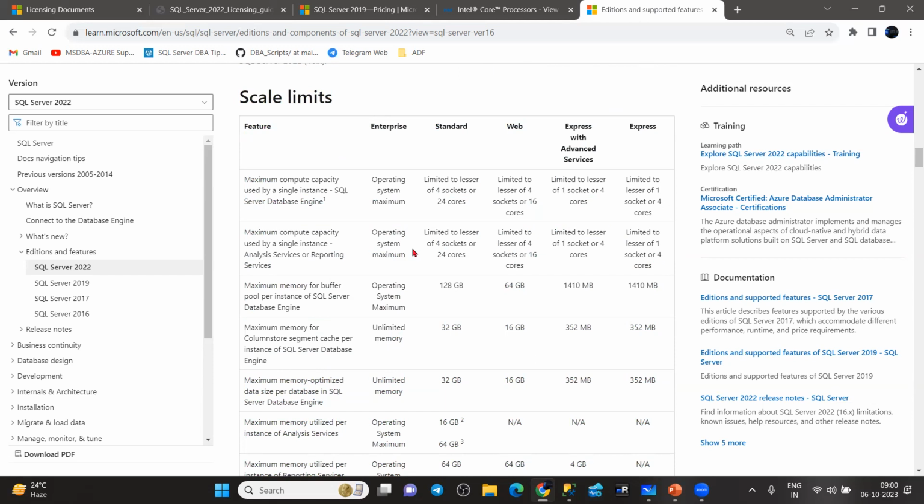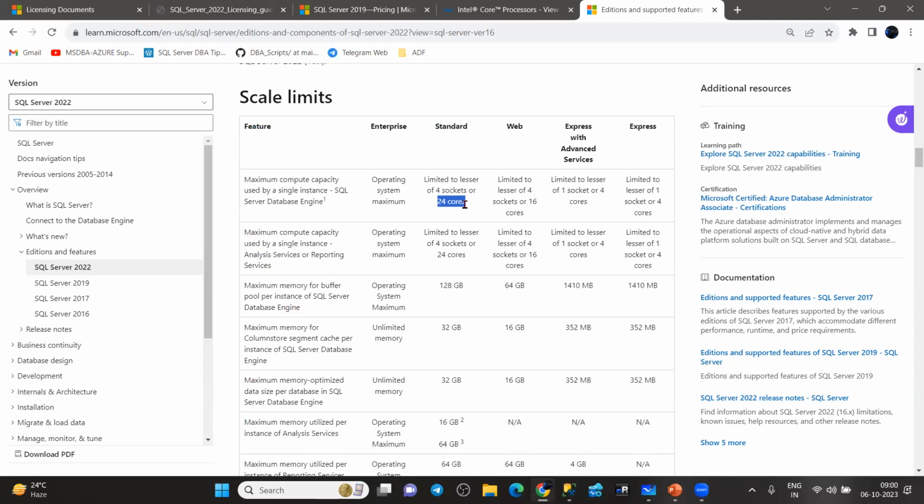Memory, no limitation. You can use unlimited CPU and unlimited memory for your SQL Server with an Enterprise Edition license. But with a Standard Edition license, the maximum you can use is 4 sockets, nothing but 24 cores.